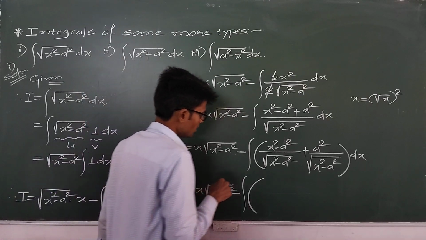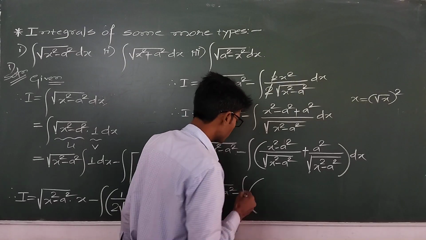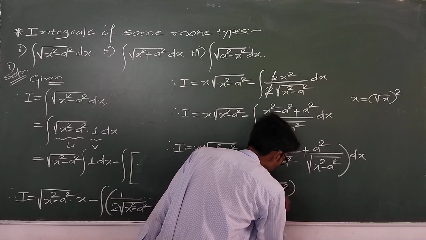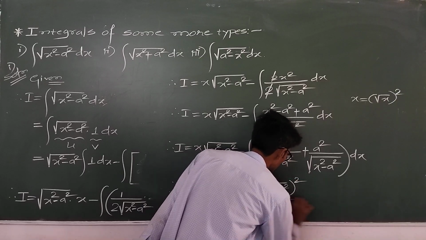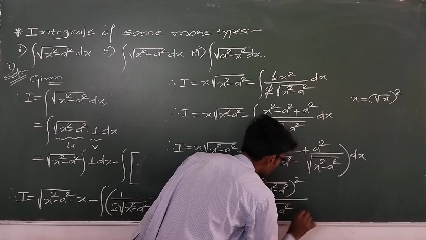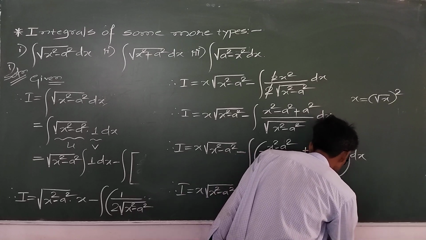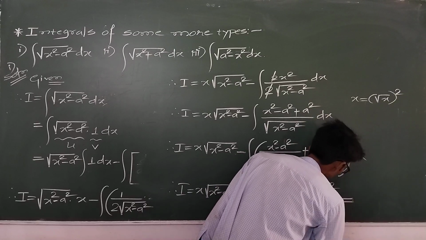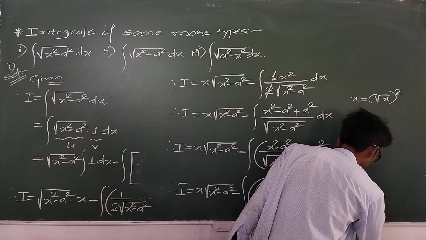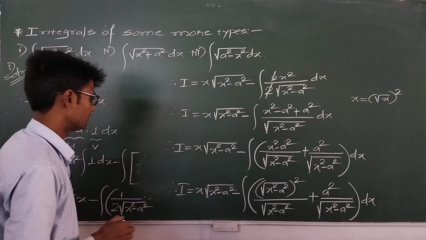Likewise, I am writing this x square minus a square as square root of x square minus a square to the power 2, divided by square root of x square minus a square, plus a square divided by square root of x square minus a square, with respect to x.